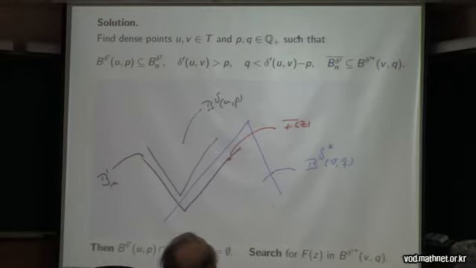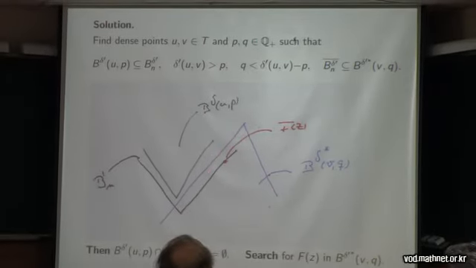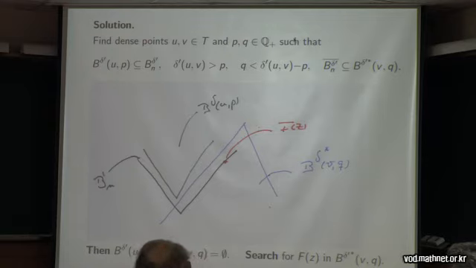And then just by searching in this downward closed set, we can find the point. So the essential point is that instead of using the exterior, we use another topology which is closely related to the given one, but which is downward closed.